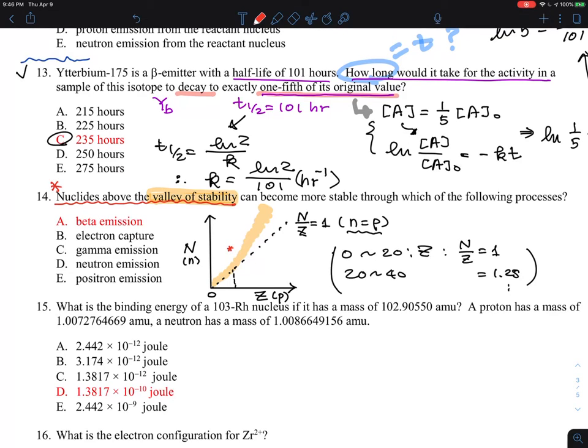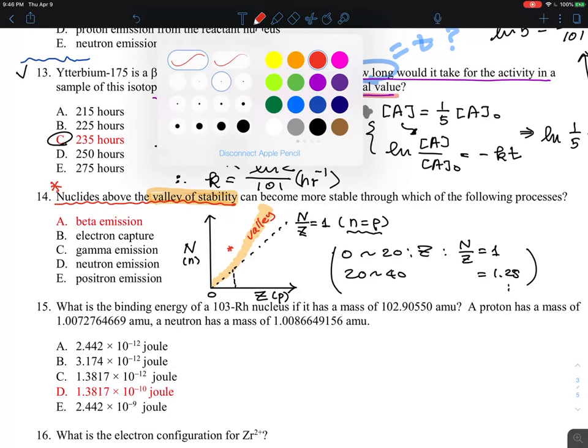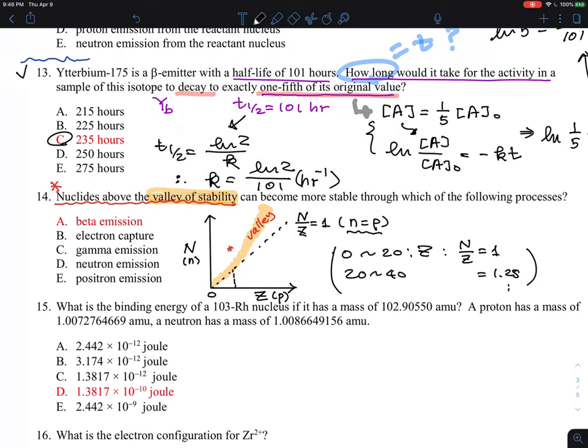This yellow one is a valley, right? The nuclei are happy in this orange region, and if they're outside of it they are not happy. So these nuclei want to either go this way or go down this way, to be in a happier state.